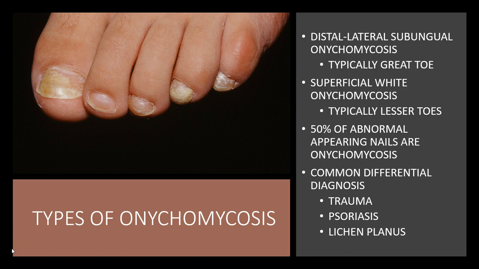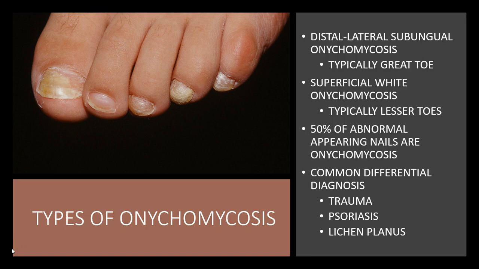Again, we see various estimates regarding nail changes and the actual incidence of onychomycosis. Others have suggested that about half the time abnormal appearing nails are onychomycosis. And while there's a broad range of differential diagnosis, from a practical standpoint, onychomycosis and repetitive mechanical trauma from impaction of the nail into the shoe is probably representative of the most common differential diagnosis.